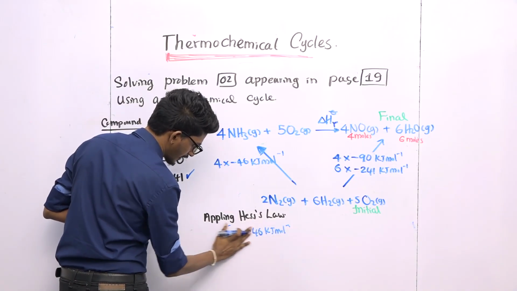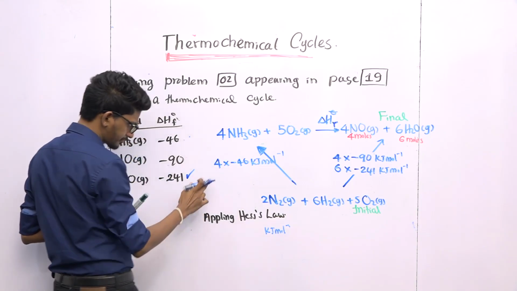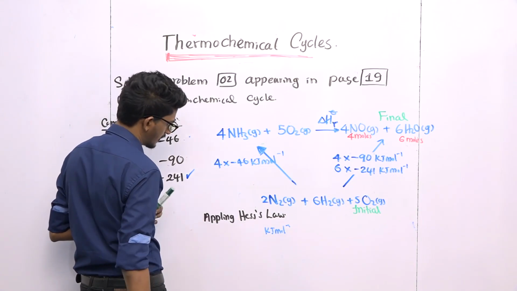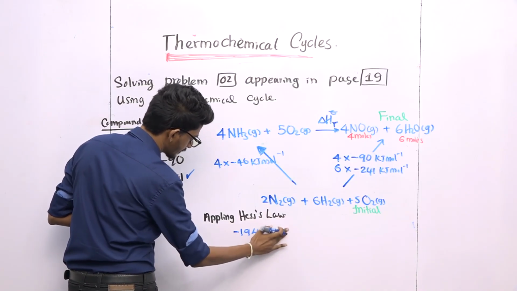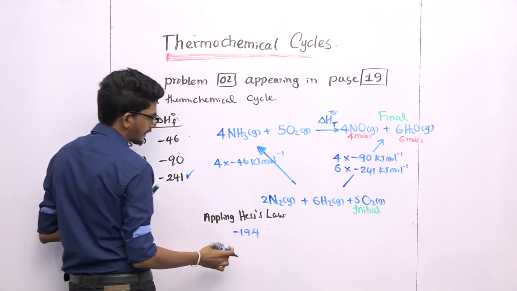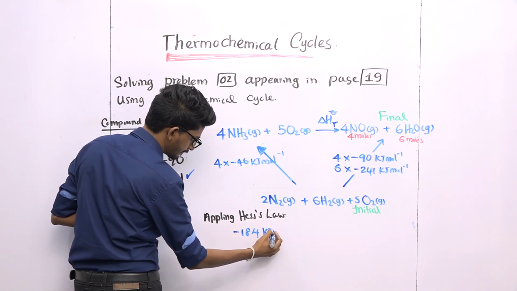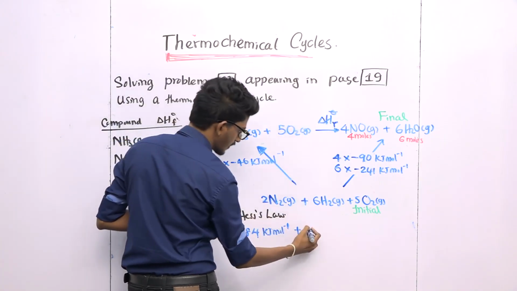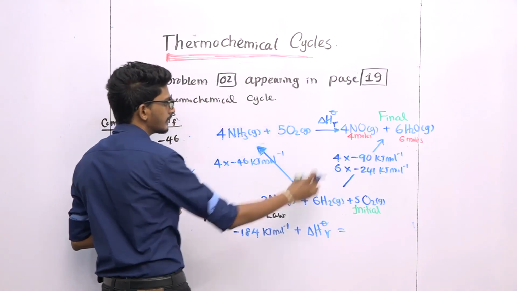I'll write the value at once. This value is minus 184, so minus 184, plus this delta H R is equal to this plus this.